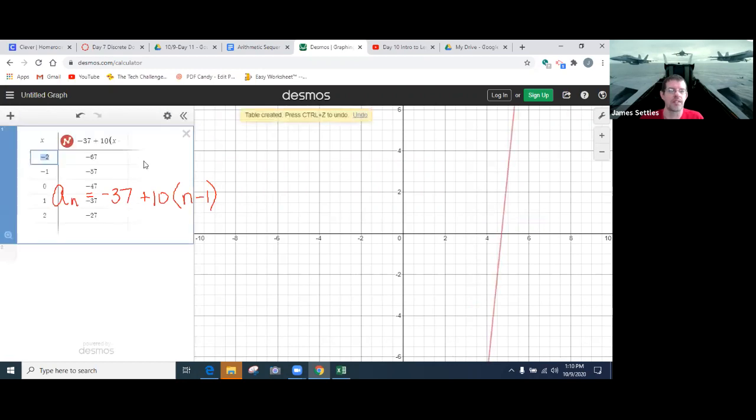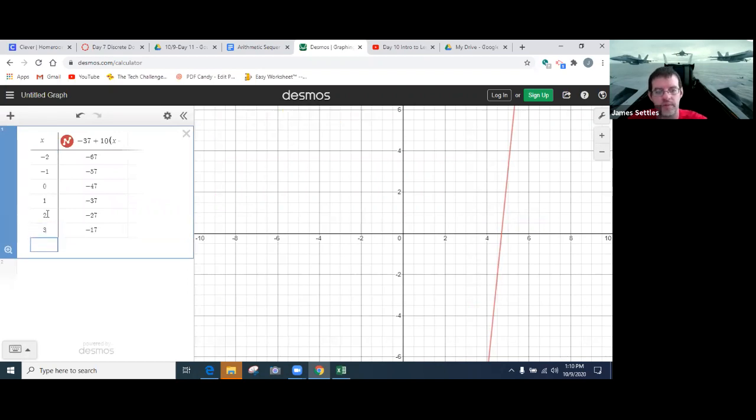We want to go to our table. And I'm going to clear this for 1 second just so we can see our pattern. So we got 3, 4, and 5. So the negatives are going down by 10. And then, of course, when you go from the negative to the positive, that is always kind of weird, but it is still going by 10.